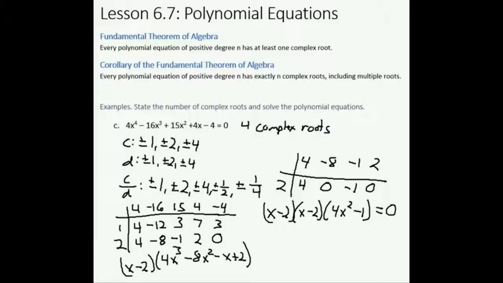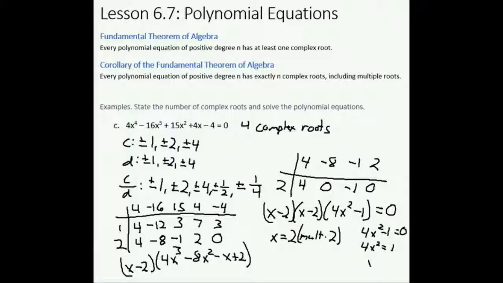Now these are the same, so we only have to solve those once. So we know x equals 2. And since it worked twice, I'll put multiplicity, actually I abbreviate, multiplicity 2. And then we want to solve this one. Well, this is 4x squared minus 1 equals 0. We can add 1 to both sides.